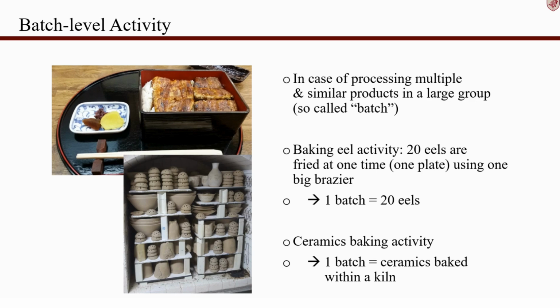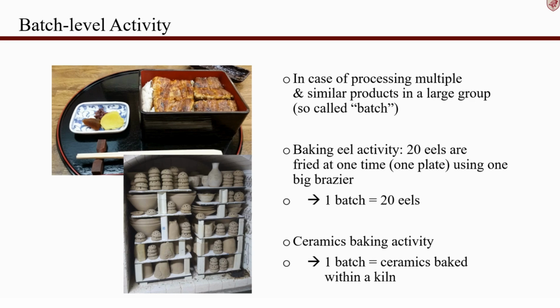For example, when you are baking an eel, as you see on the left hand side, you don't just bake one eel at a time, but those eels are fried once all together. So let's say 20 eels are fried at once, on one plate, using one big brazier one time, right? In this case, one batch would mean 20 eels that are baked at one time.